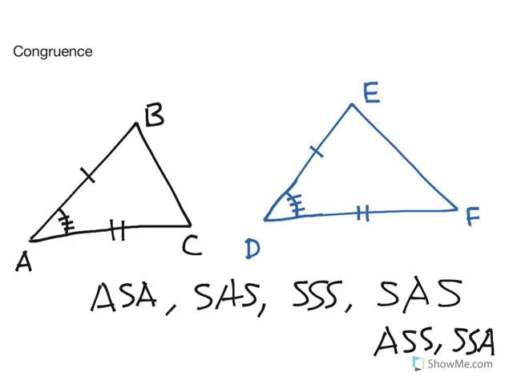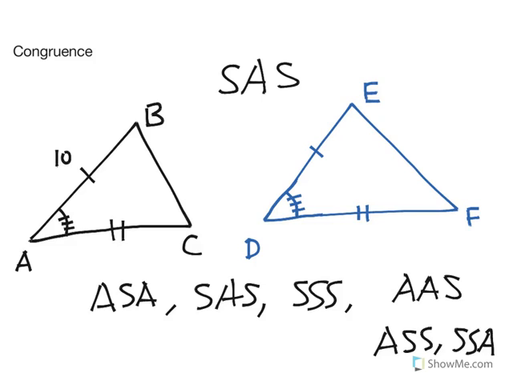These help us prove that one side of a triangle is congruent to another side. So let's say side AB is 10. Because we know they are congruent by side-angle-side, we can say that side DE is also 10. It helps us show what sides are the same, and it can really help for triangle proofs or problems.